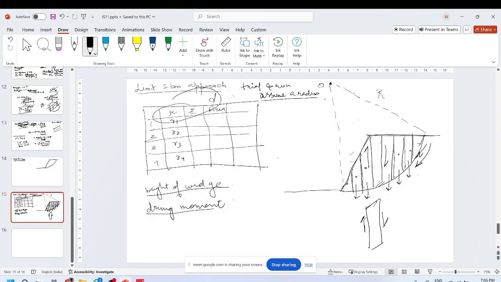Then I calculate the forces on these wedges, the moment of these forces basically.